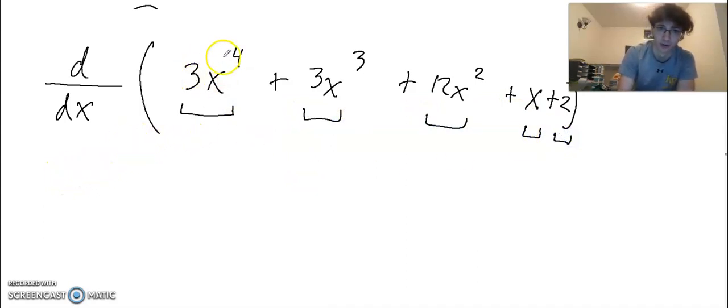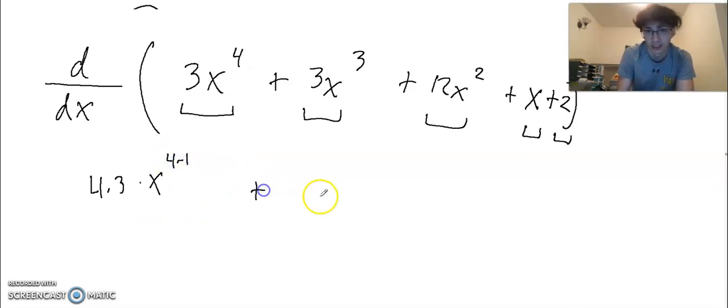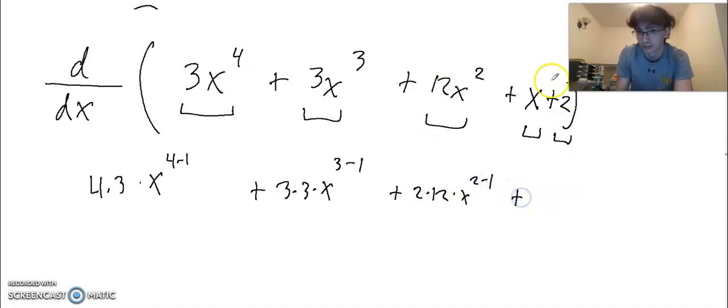So, well, we're just going to do our power rule. So it'll be multiply out in front, subtract by 1. So we'll get 4 times 3 times x to 4 minus 1 plus multiply out in front minus 1. 3 times x to the 3 minus 1 plus 2 times 12 times x to the 2 minus 1 plus this is x to the 1.